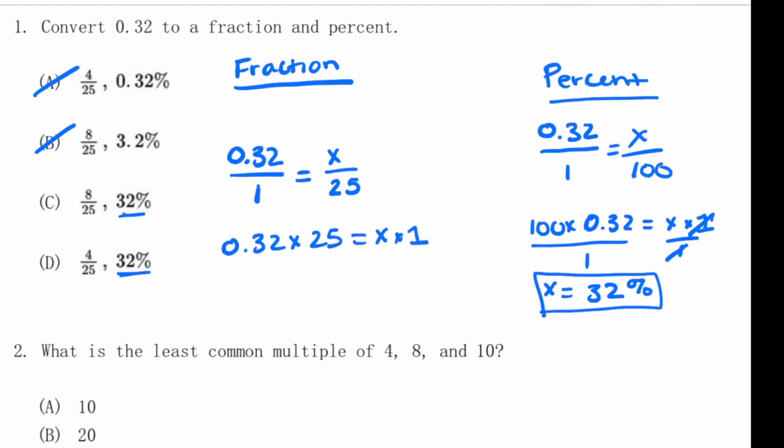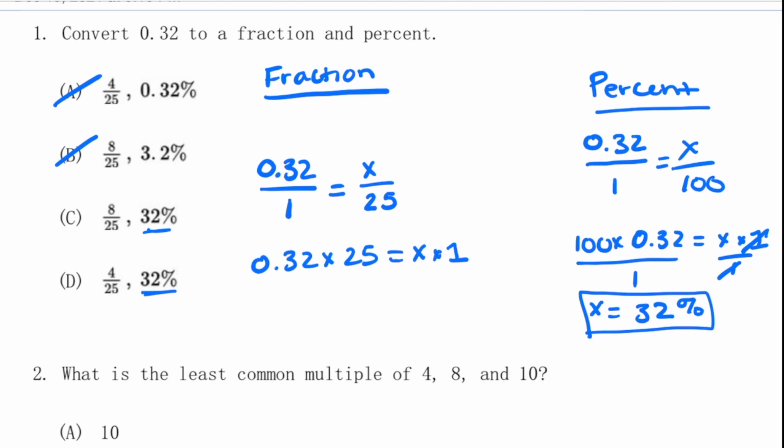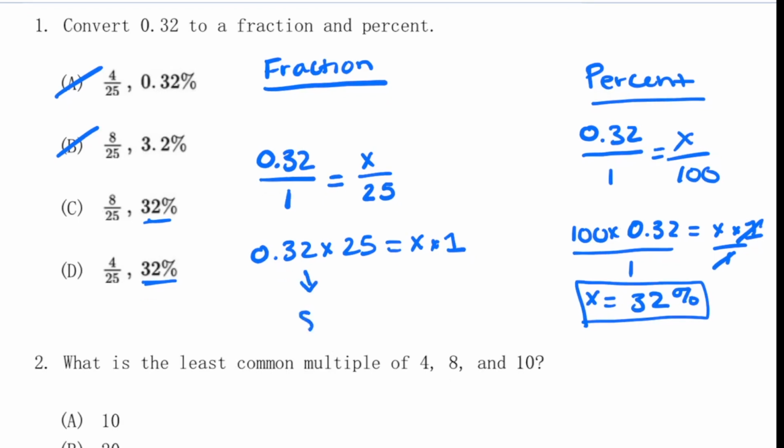So we do 0.32 times 25 equals x times 1, and we are going to multiply both sides by 1, which will cancel that one out. So we have x equals 0.32 times 25. So when we calculate that, we will get 8.